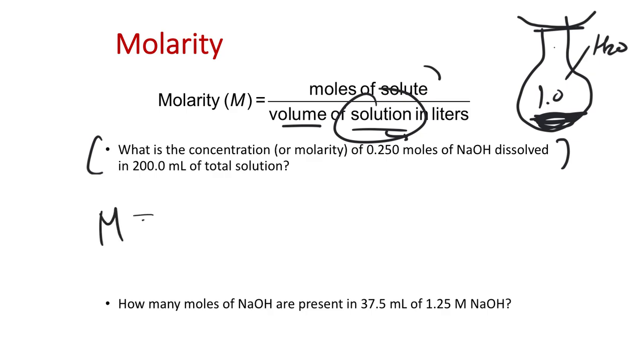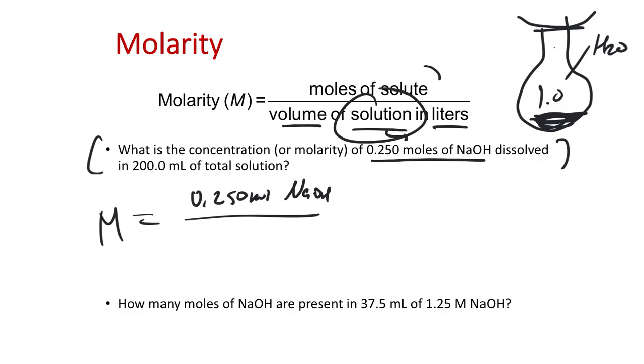So the molarity, big M, would be the moles of our solute, moles of sodium hydroxide, dissolved into the volume of solution. We usually just go into the volume in liters. So we'll go 0.2000 liters for moles per liter. And so this should be 1.25.